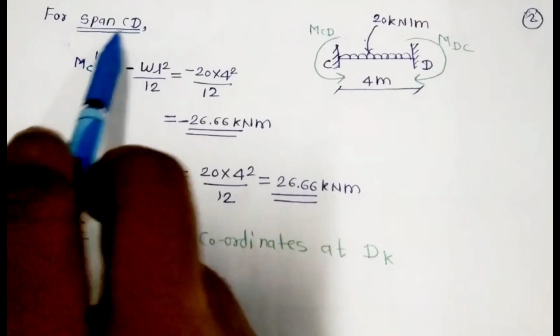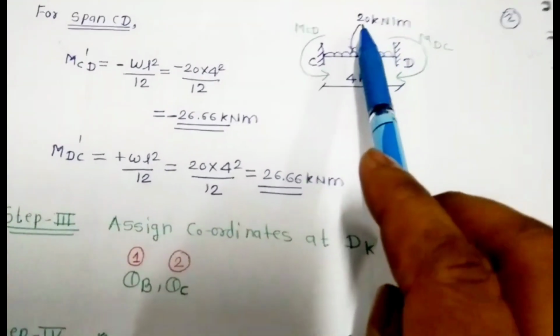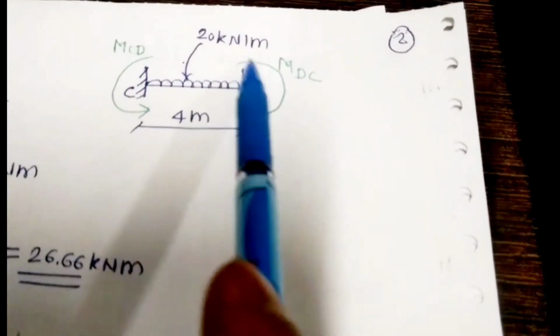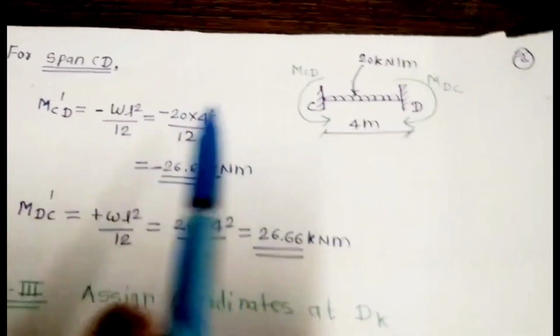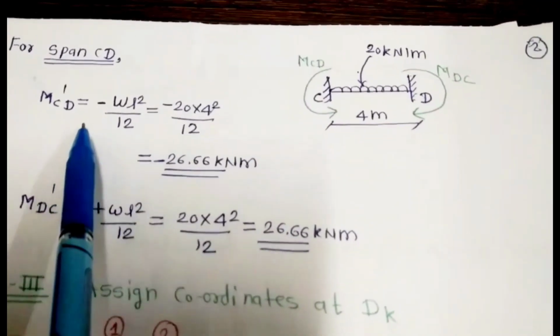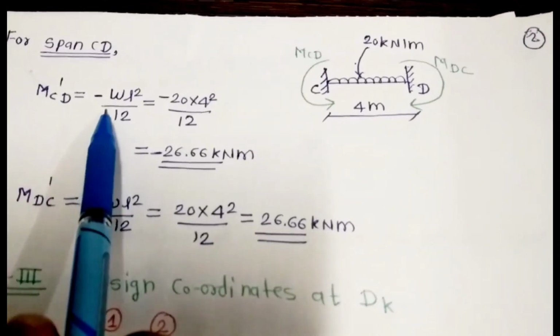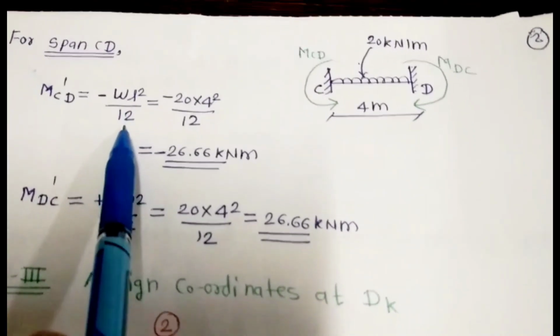Now for span CD, a UDL is acting, having intensity 20 kN per meter, and the span for CD is 4 meter. We have to calculate MCD and MDC. So if the UDL is acting on the span, the formula to find the fixed end moment is MCD equal to minus WL square upon 12.